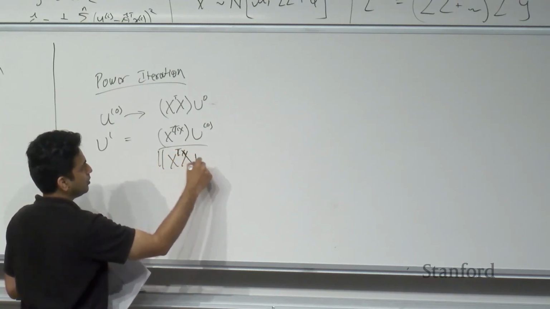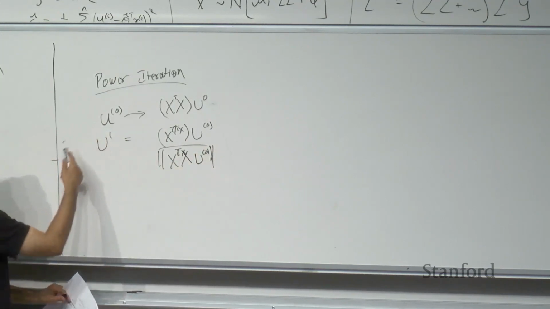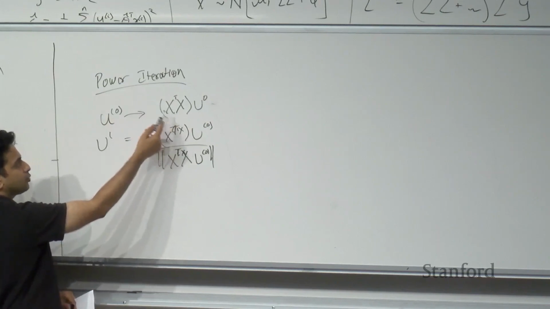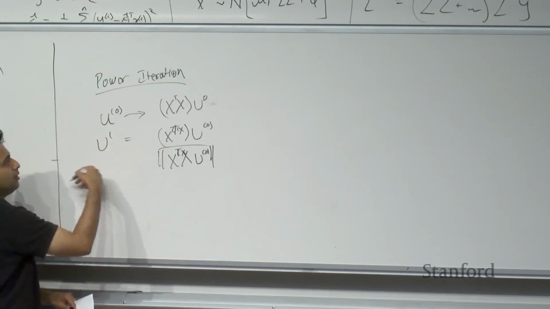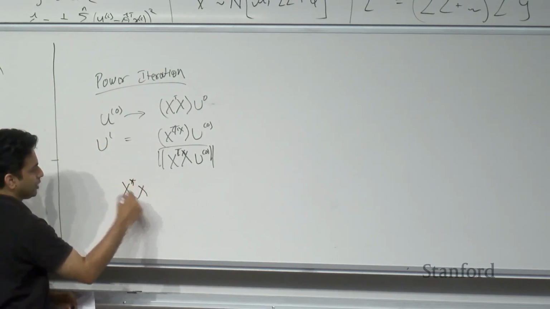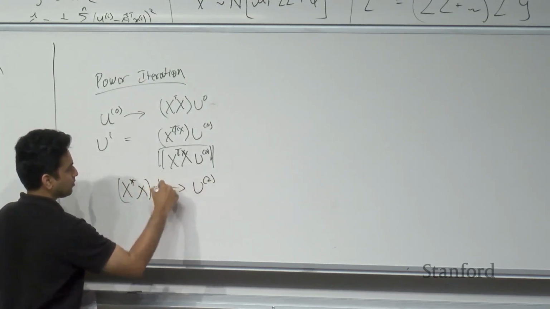So basically, take some randomly initialized vector, multiply it by the matrix whose eigenvector you're interested in calculating, and you get U1. Then multiplying X transpose X times U1 gives you U2.